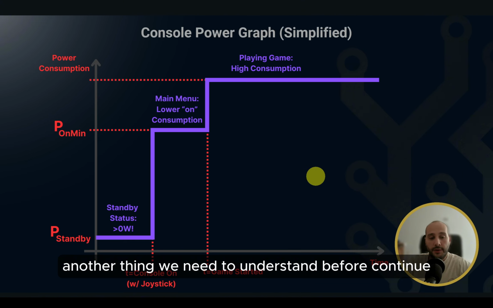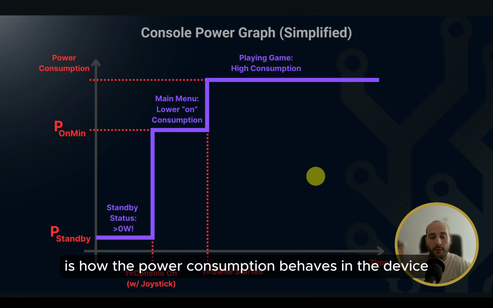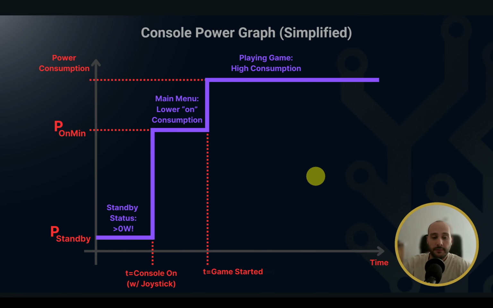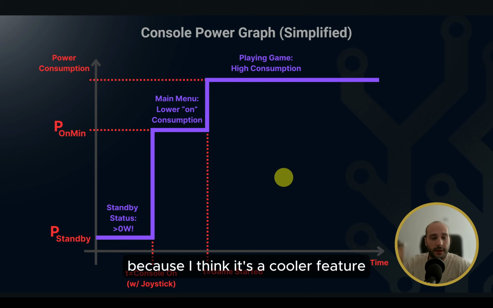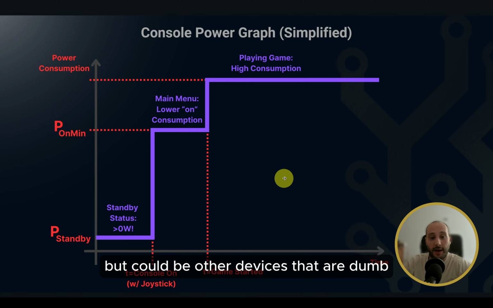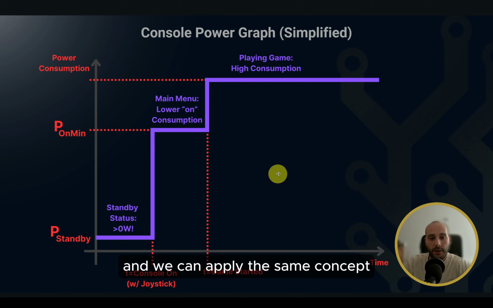Another thing we need to understand before continuing is how the power consumption behaves in the device. Basically, I focus on game consoles because I think it's a cooler feature, but it could be other devices that are dumb from the Control4 perspective, where we don't have any IP or IR control, and we can apply this same concept.